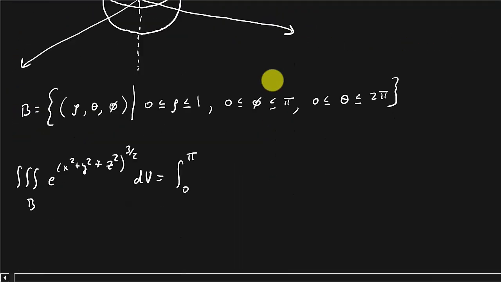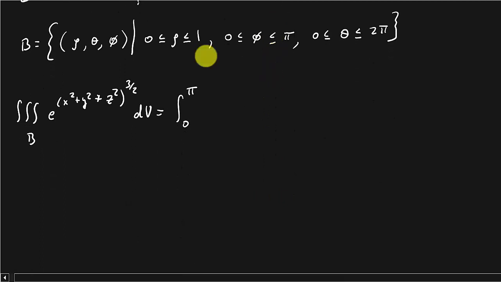So phi is this outside integral, and that's 0 to pi. And then theta, that's 0 to 2 pi.